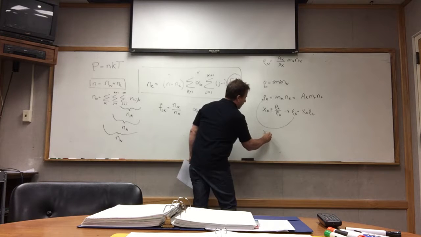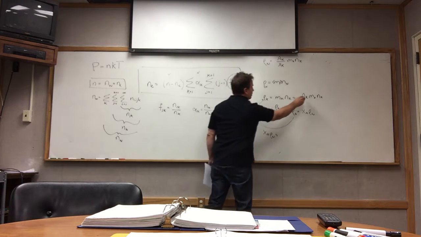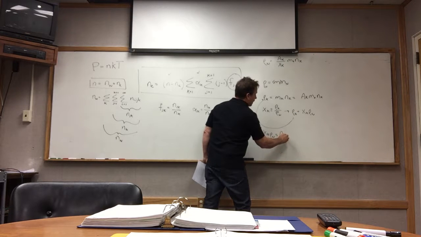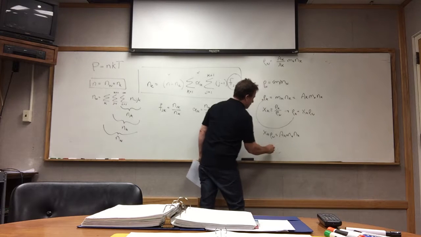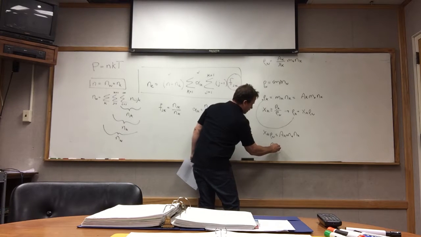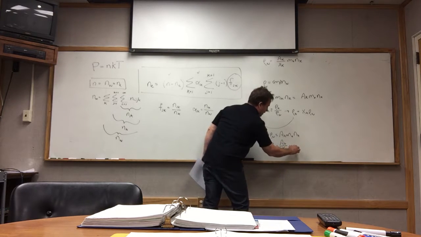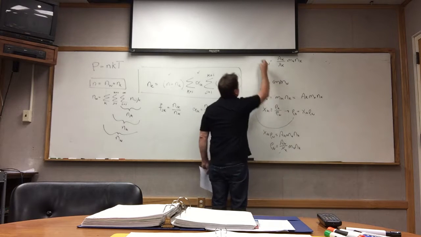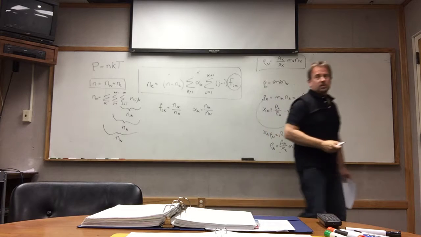You've got XK rho n equals AK MA NK, so that now you get rho n equals AK over XK MA NK. All right. That's going to be very important pretty soon.